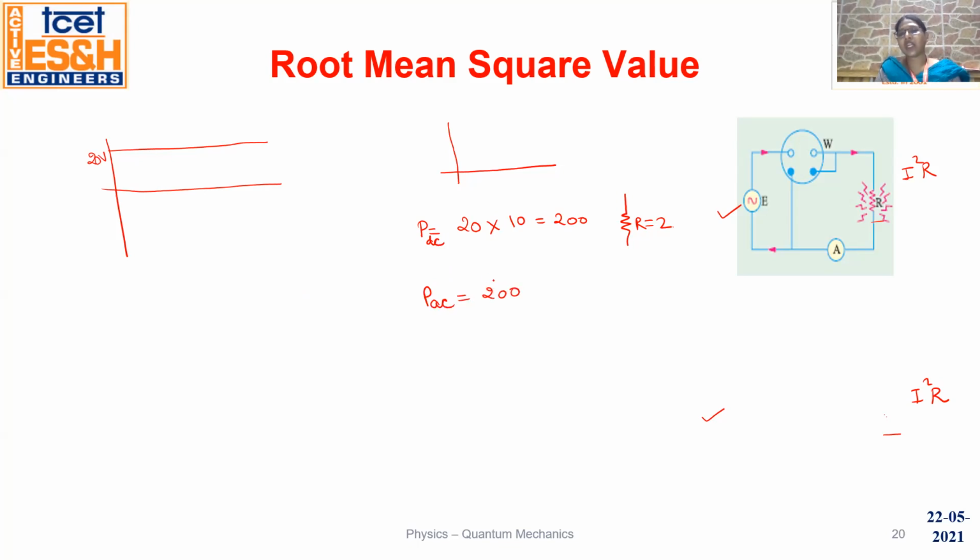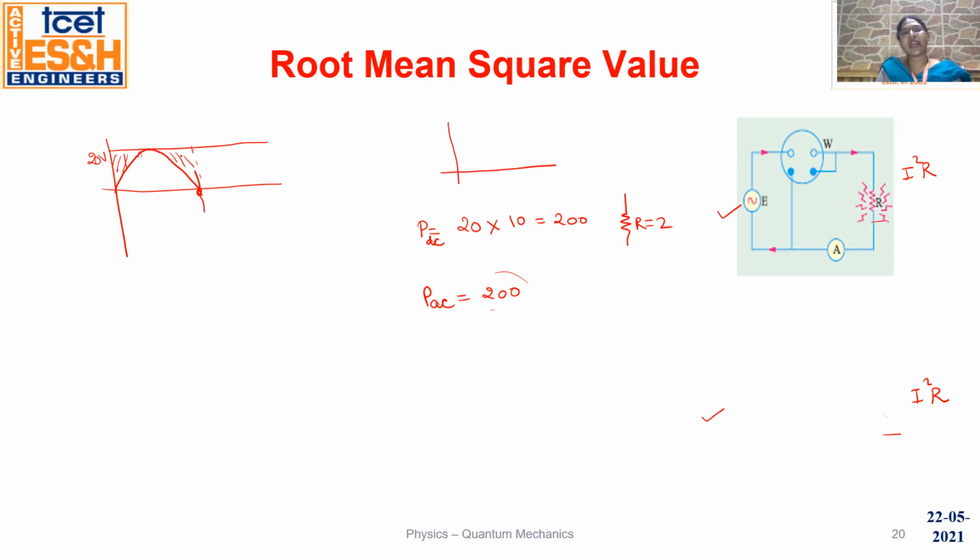So how much current does it require to dissipate the same amount of power? Suppose I am taking this AC waveform. Is this AC waveform equal to this DC? No. Here some parts are missing. During this particular amount of time, this part is missing.